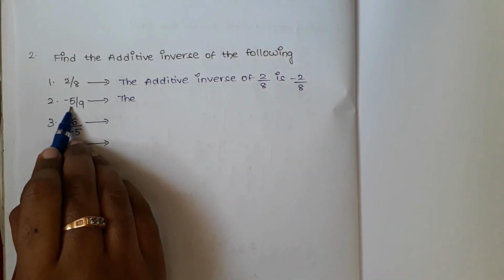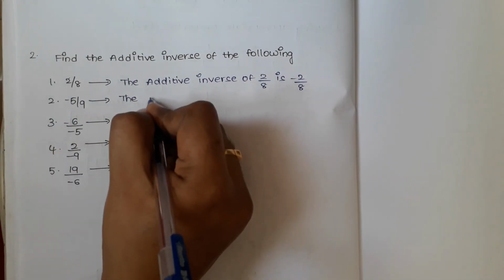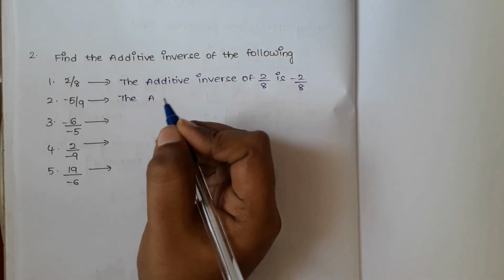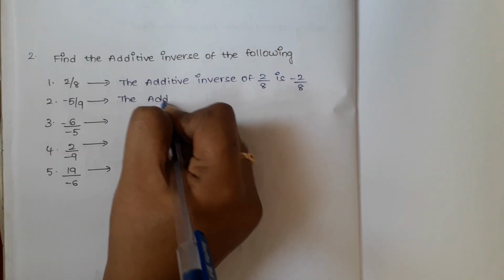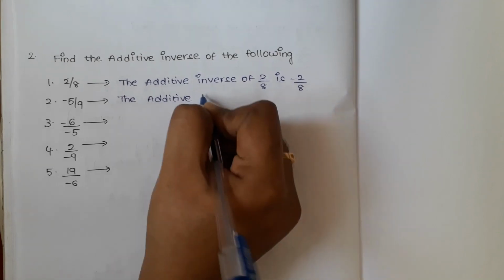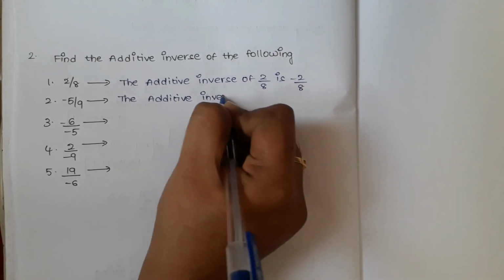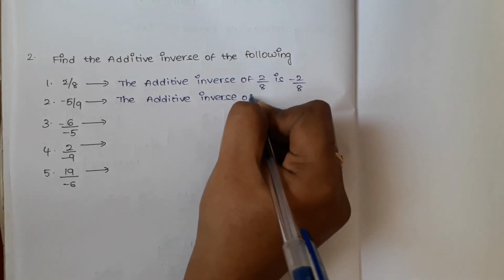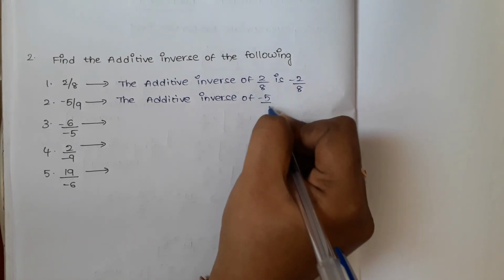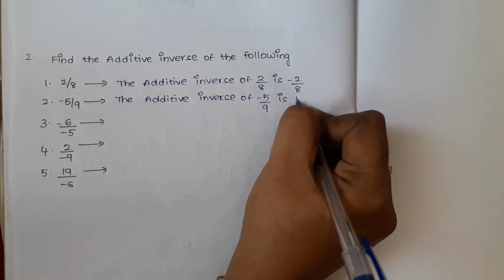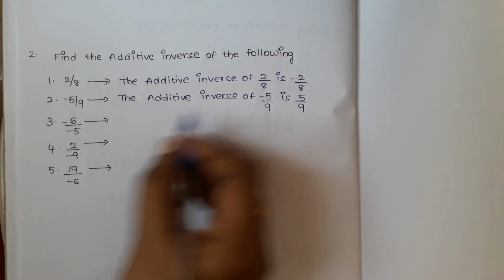Now minus 5 by 9: the additive inverse of minus 5 by 9 is plus 5 by 9.